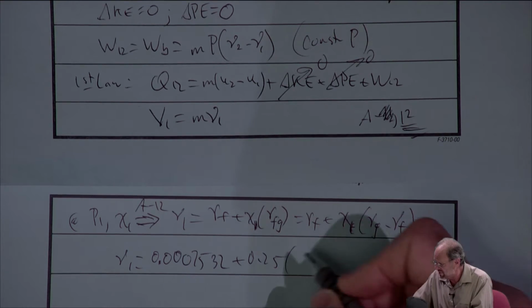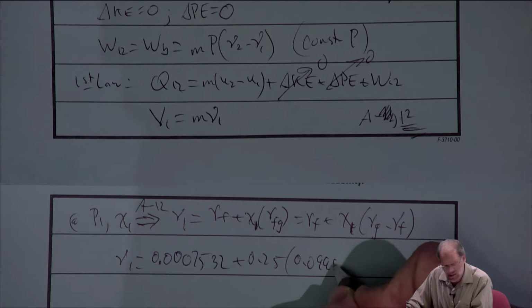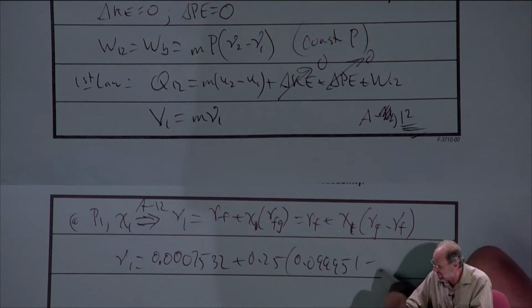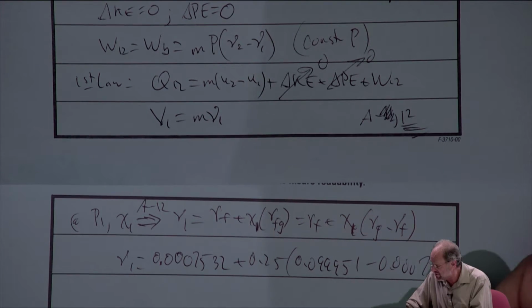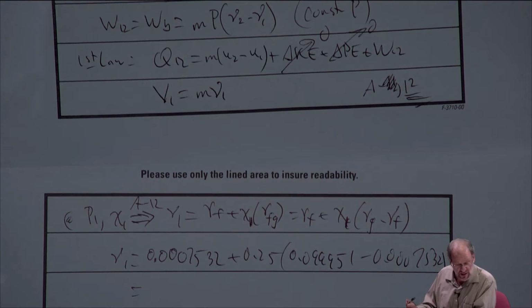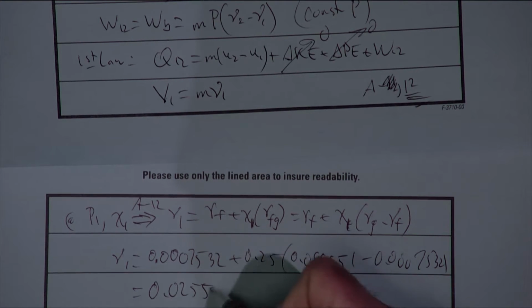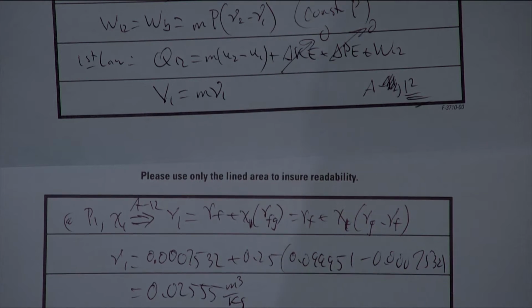Anyway, quality is 0.25, and then VG is 0.099951 minus VF, so 0.0007532. If we go through the mathematics, we end up with V1 of 0.02555 cubic meters per kilogram. So there's V1.